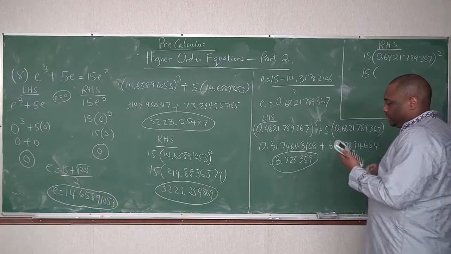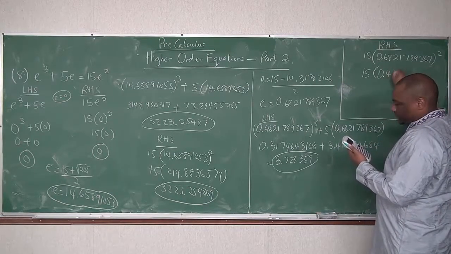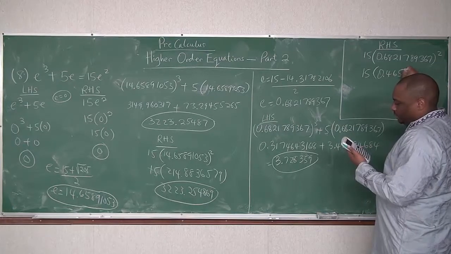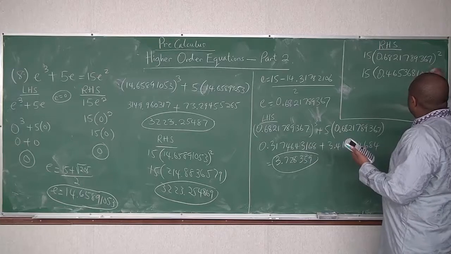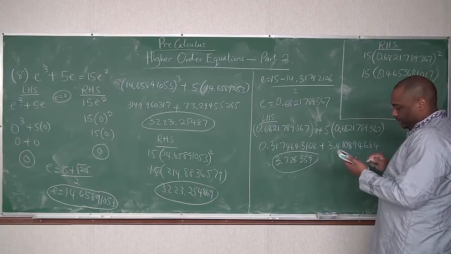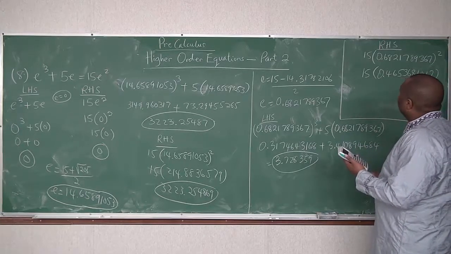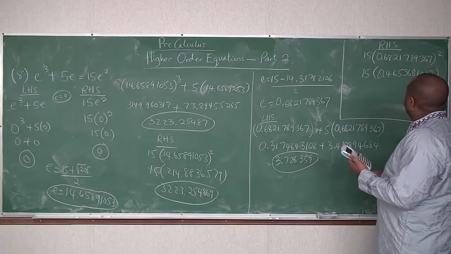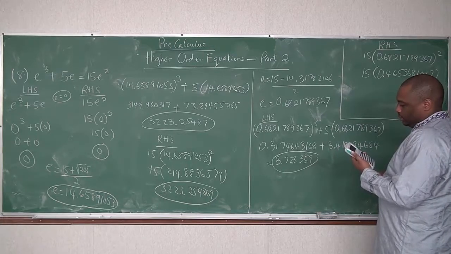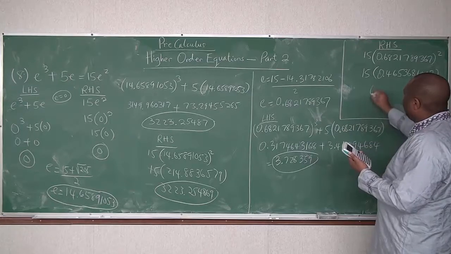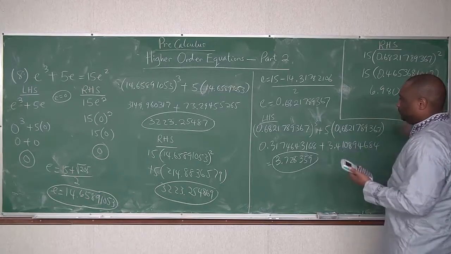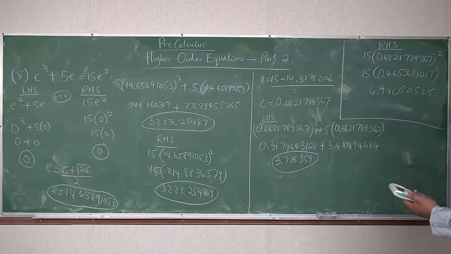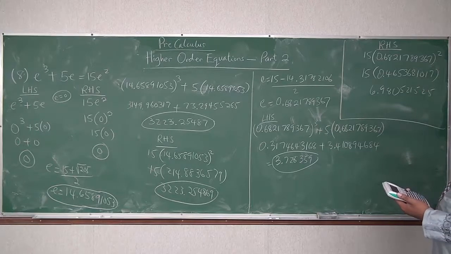So that gives us 0.46536811017. Okay, now times 15. This gives us 6.980521525. Okay, we didn't get the same thing, so we have to check our work again to make sure that it's correct.